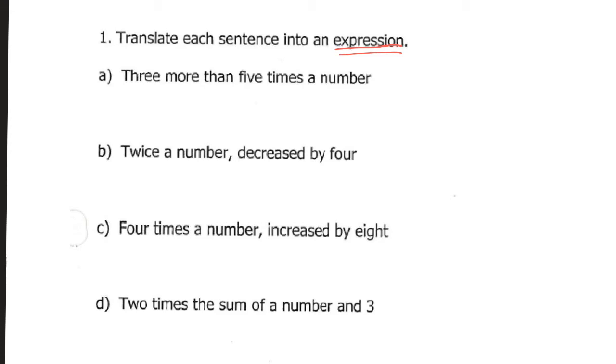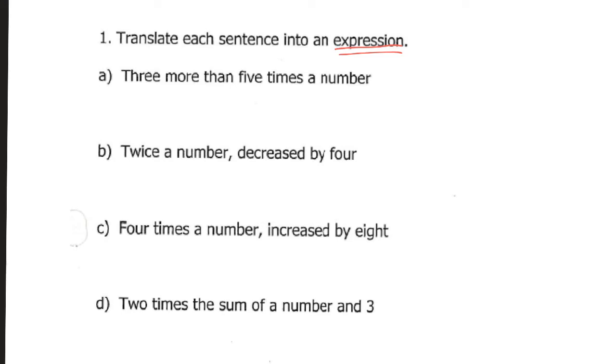An expression is a phrase mathematically that has a value. It is not equal to anything. So as I go to create each one of these 4 statements, I will not have an equal symbol in each. It's important for us to denote that.